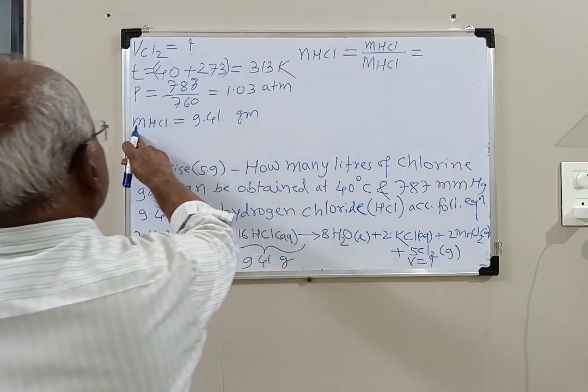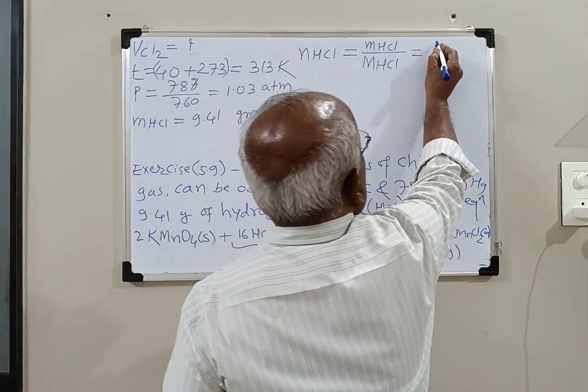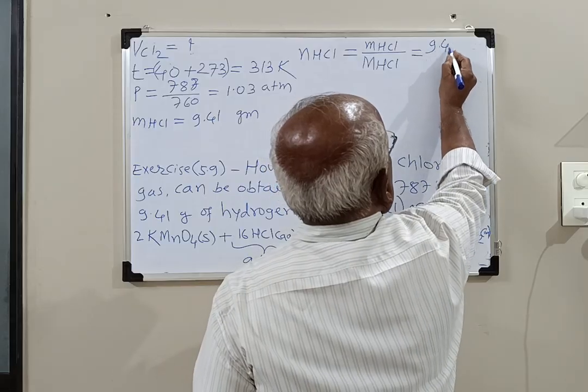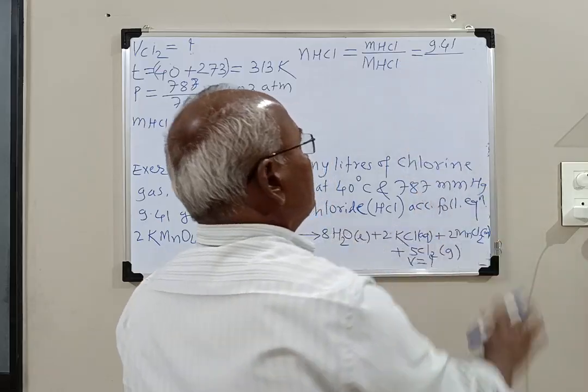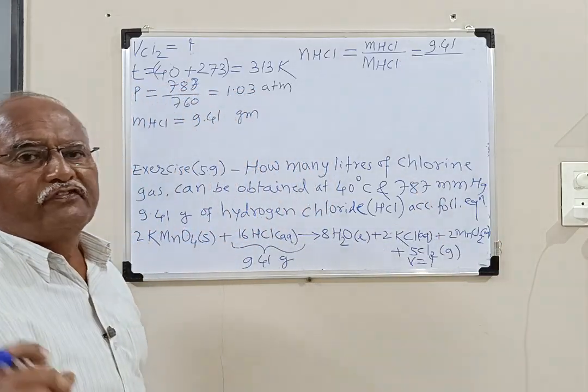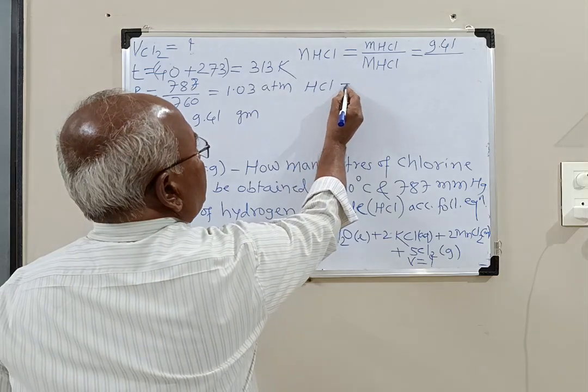Mass of HCl is 9.41, divided by the molecular weight of HCl. How to calculate it?